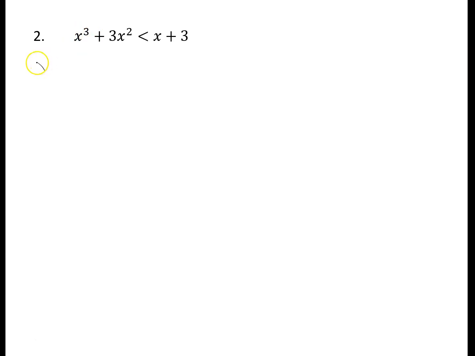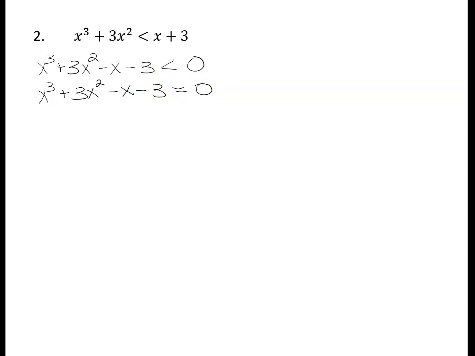So we'll leave the x cubed plus 3x squared on the left. Let's subtract the x, subtract the 3, so that we get 0 on the right side. Okay, step 2, replace the inequality symbol with an equal sign.